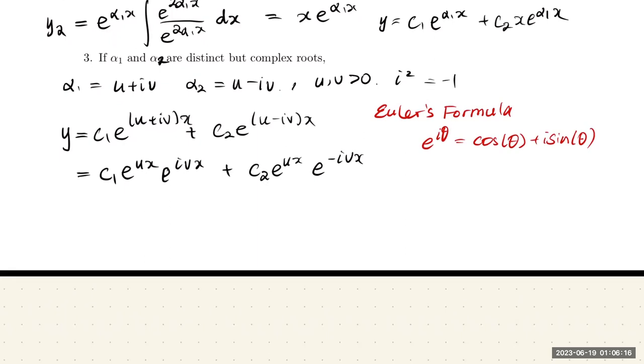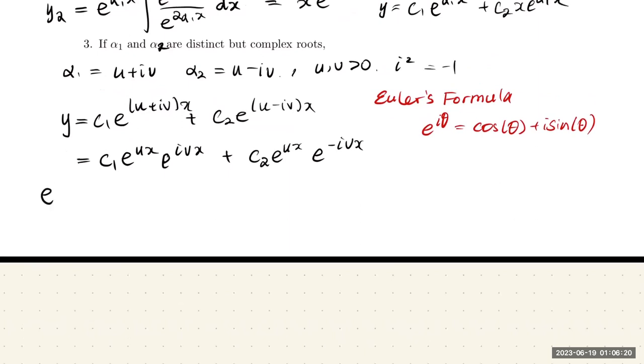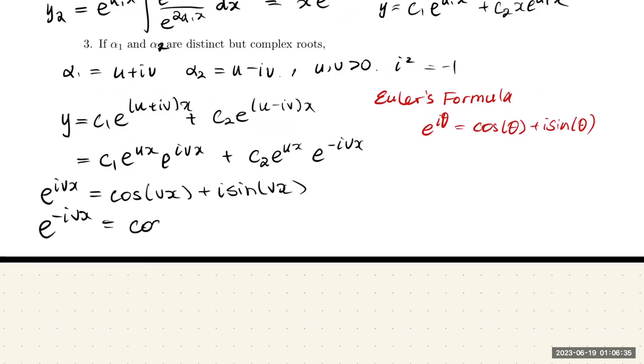So e to the ivx is cos vx plus i sine vx, and e to the minus ivx is cos of negative vx plus i sine of negative vx.